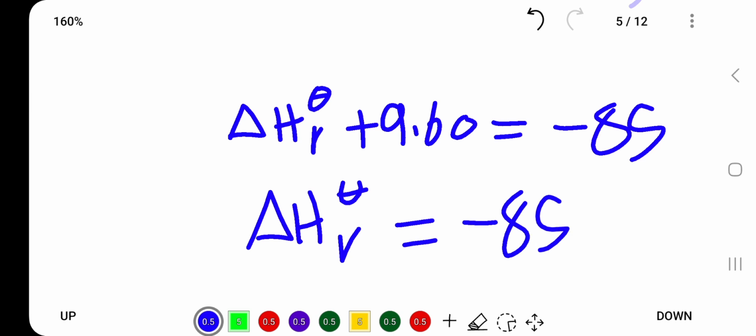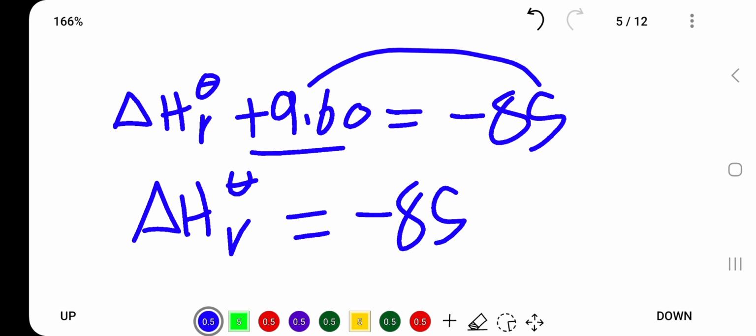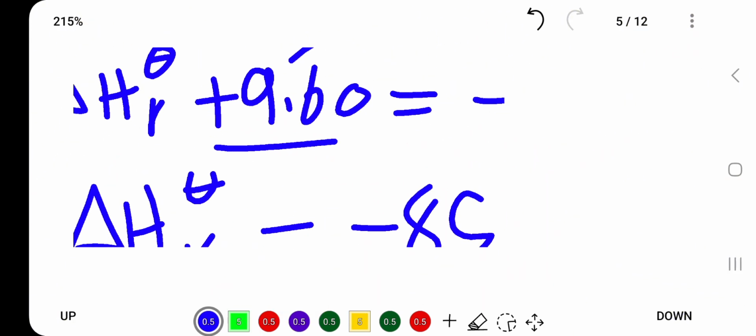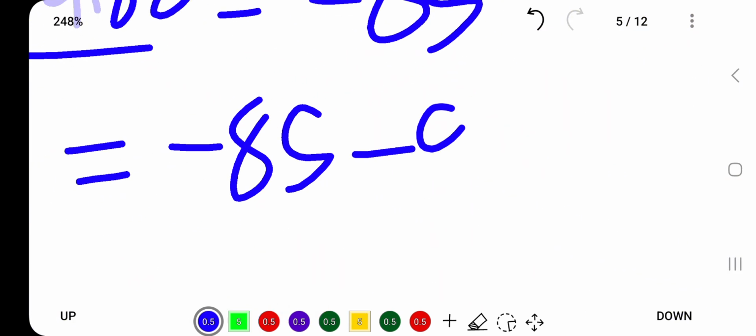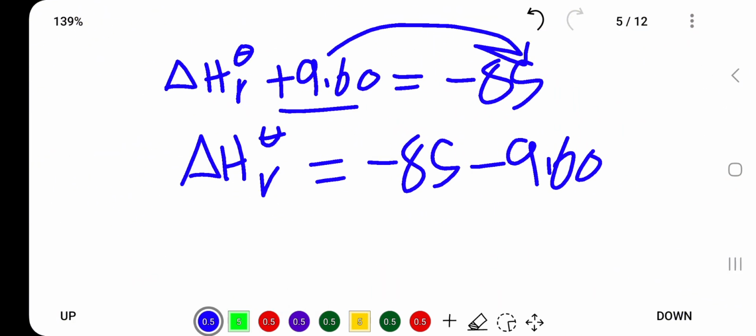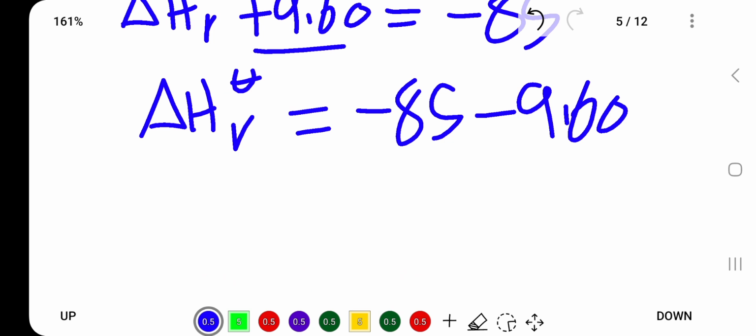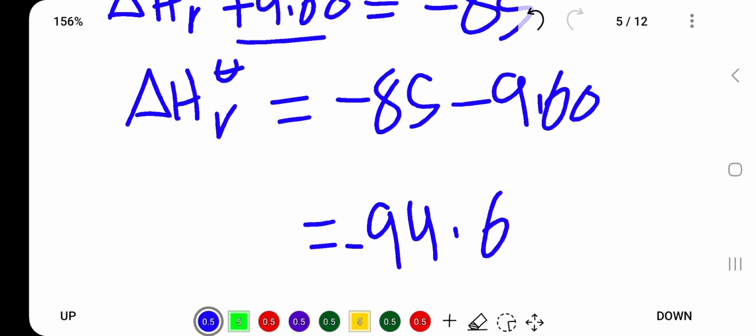So minus 85 will stay in place, so this will change to the other side. When you change the other side, the sign will change as well, so it becomes 9.60. Now great. Minus 85, sorry, minus 85 minus 9.60 equals minus 94.6.